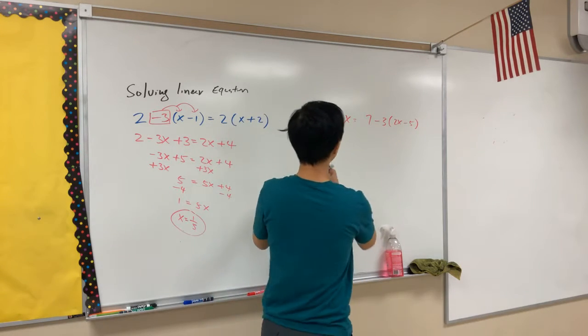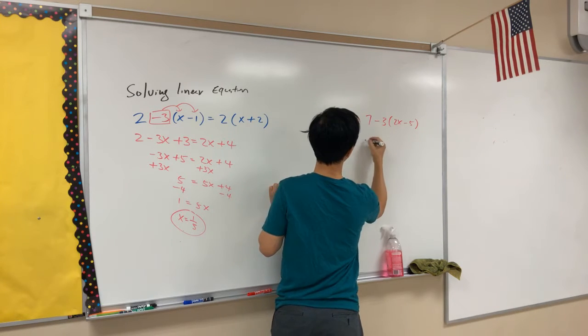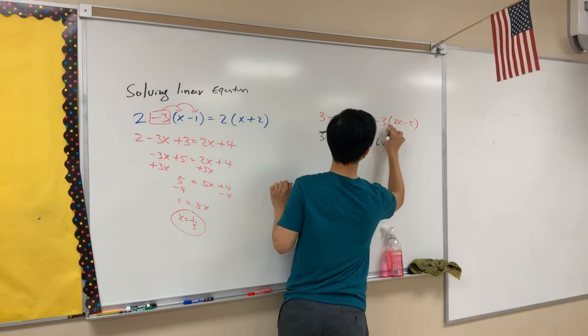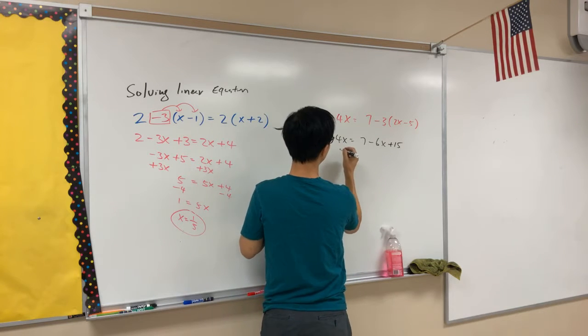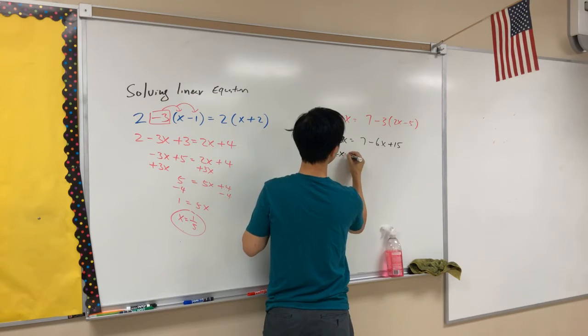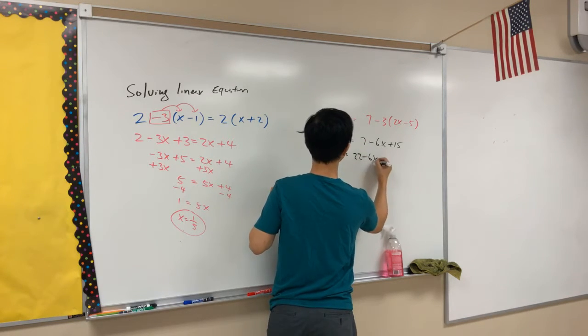Okay, so let's go through it. 3 minus 4x, so I'm going to distribute that. Negative 3 plus 15. So 3 minus 4x is equal to 22 minus 6x.